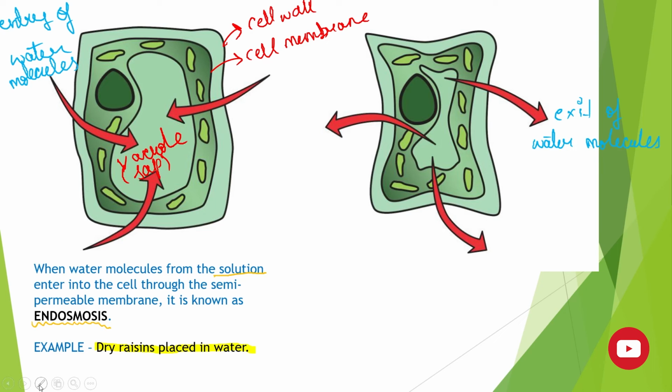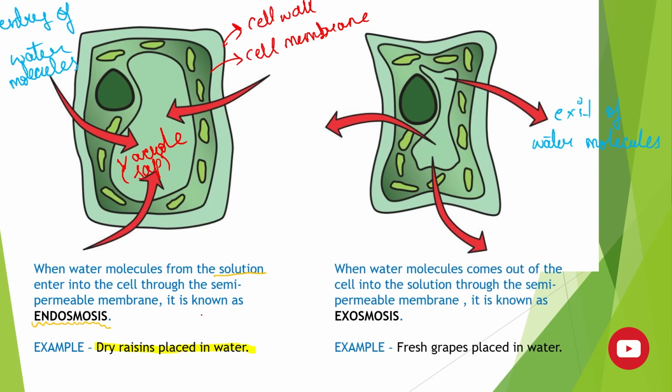The exit of water molecules from the cell back into its surrounding is known as exosmosis. So when water molecules come out of the cell into the solution through the semi-permeable membrane, it is known as exosmosis. Into the solution, or you can say the surrounding as well. So surrounding or solution, that particular process is referred to as exosmosis.